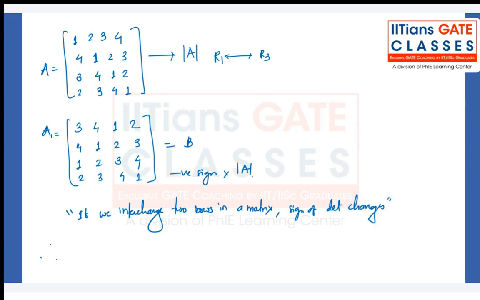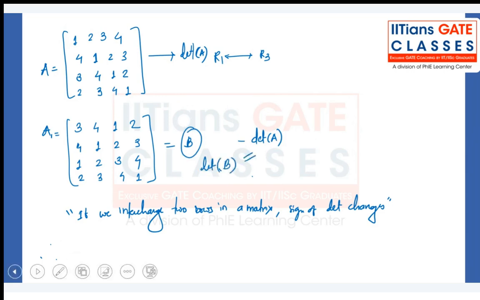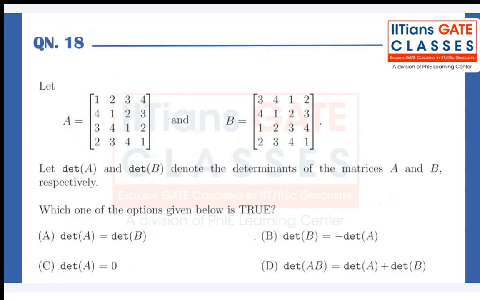So in the first case, the determinant is det A. Then in the second case, it will be minus det A, which is equal to the determinant of B. So these two things are equal. So in this particular case, option B is correct, that is, determinant of B is equal to minus determinant of A.